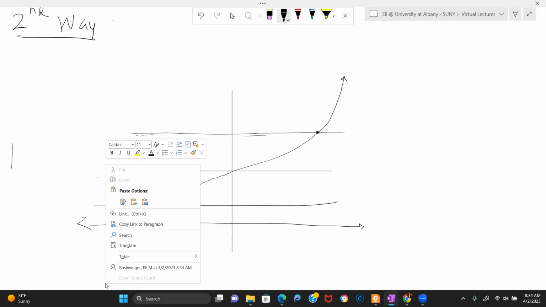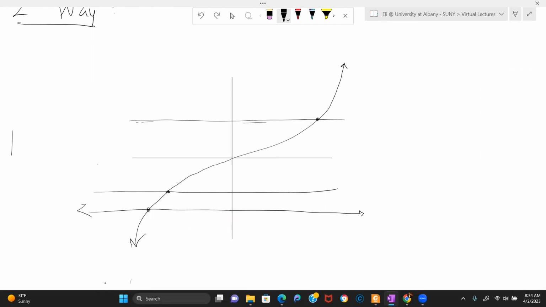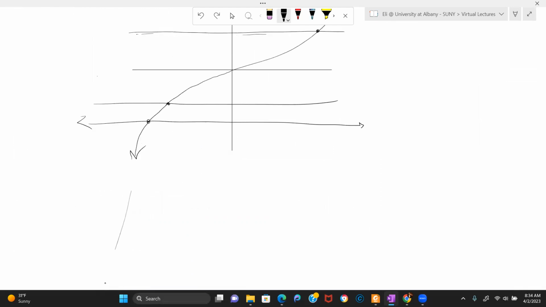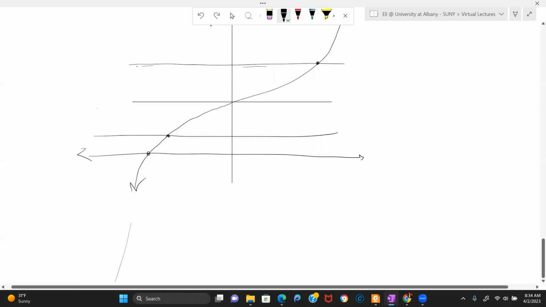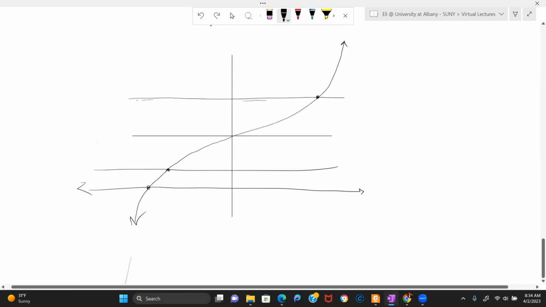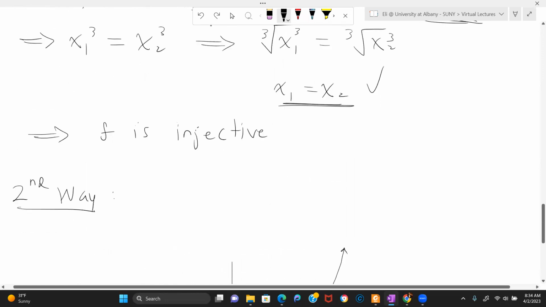That won't happen. But there's not really any way of knowing because there are infinitely many numbers, and you can't go far enough out to verify that. But on this small portion of the graph, you can see it works. So this method shows you this was probably injective. It's not as rigorous.